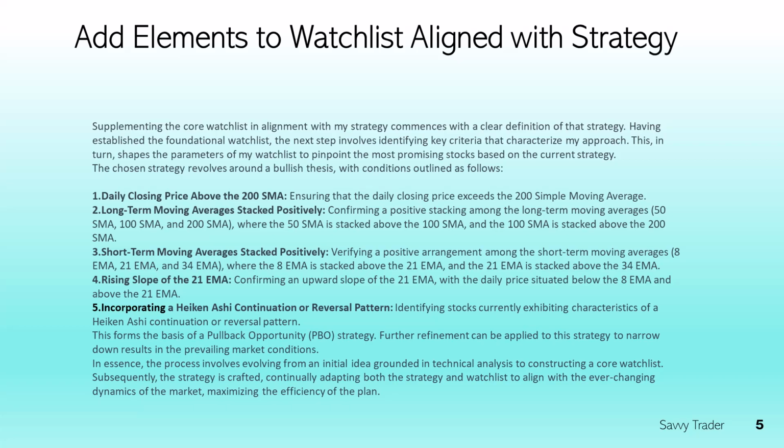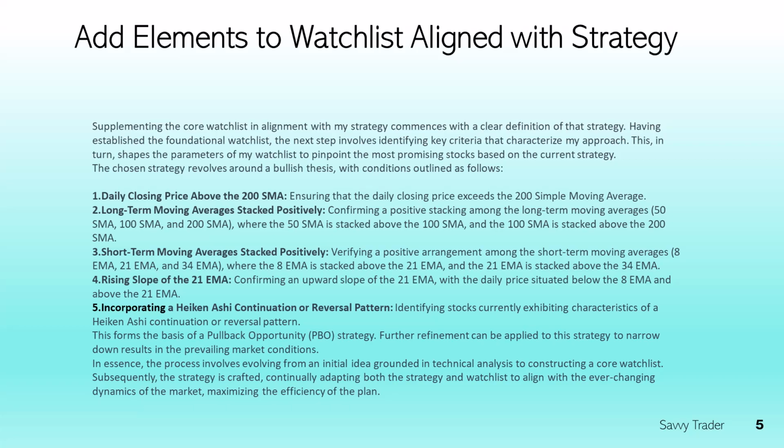In the whole strategy, it's price going above the 200 long-term moving average, with long-term and short-term moving averages both stacked positively. And I'll incorporate a pullback within X number of bars to the 21 EMA, and then a cross below and a close above the 21 EMA.